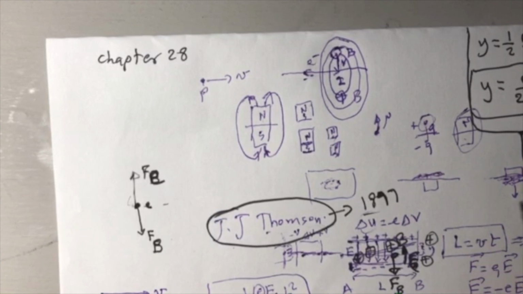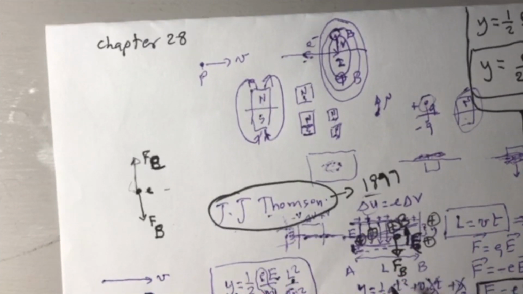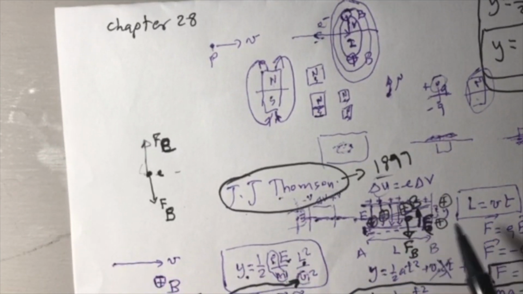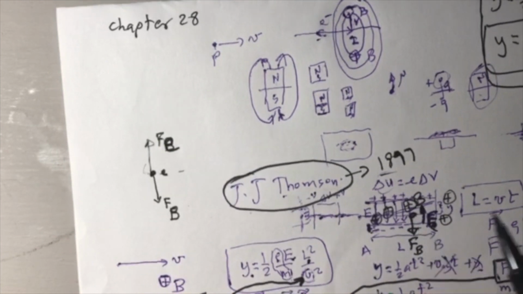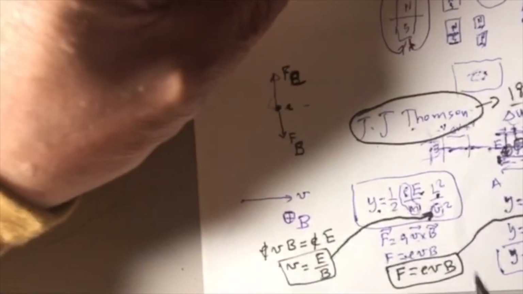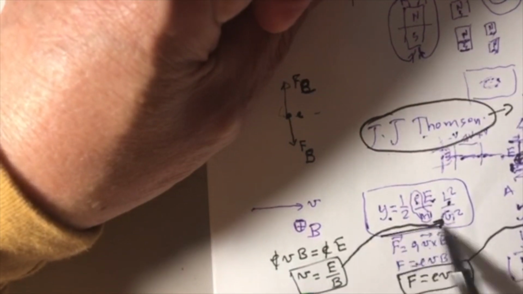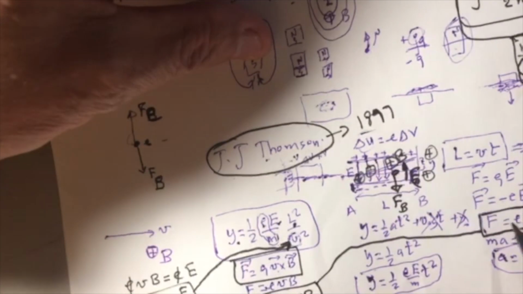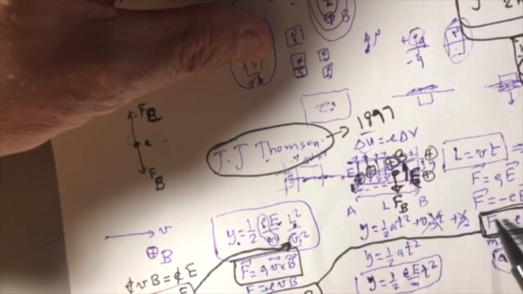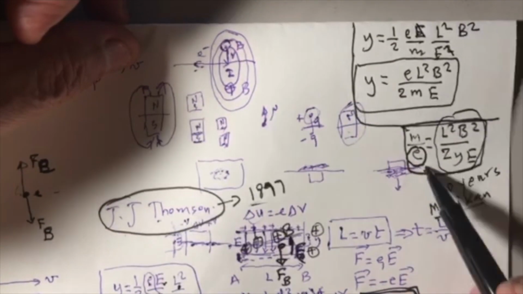And how did this come about? By knowing the magnetic force that acts on the electron, which is this force here, and the electric force that acts on the electron, which is this one. So this combination of these two forces gave us this.